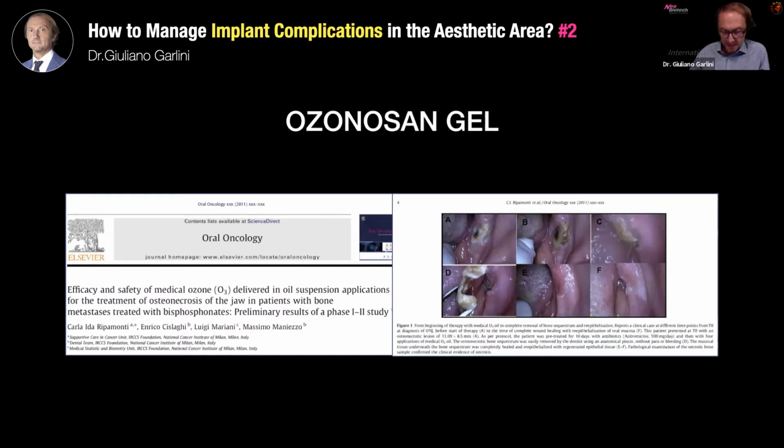And they have a lot of patients with osteonecrosis of the jaw after therapy with bisphosphonates. I know that everybody of us has to deal with this therapy, because some of the patients that we treat in our office take bisphosphonates for osteoporosis.